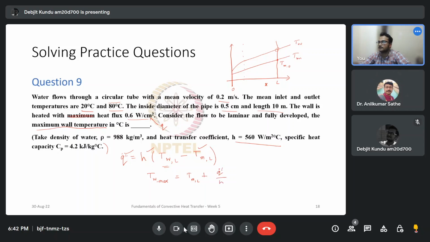So we know all these values. What is T mean at L? This is 80 degrees Celsius plus q, which is 0.6 into 10 raised to 4, and h is given as 560. Can you do this calculation for me?